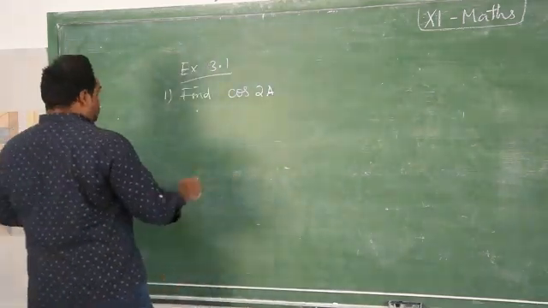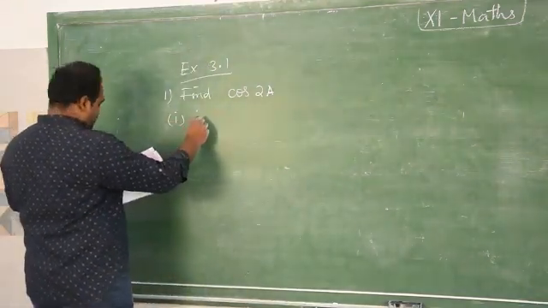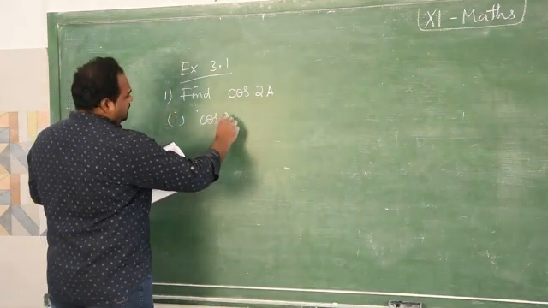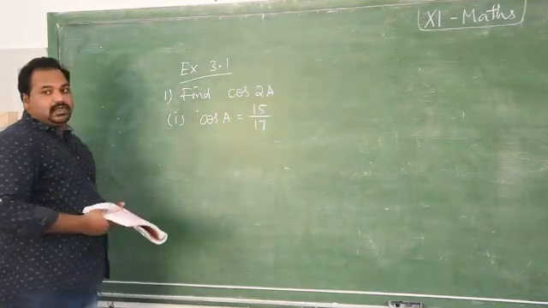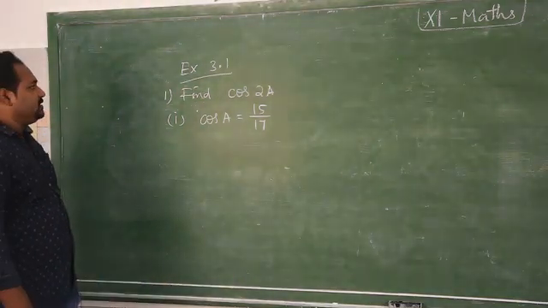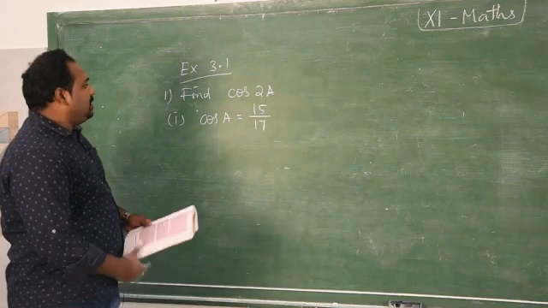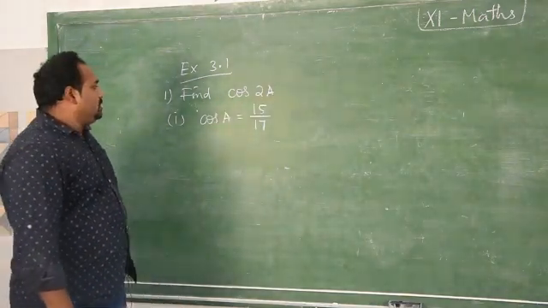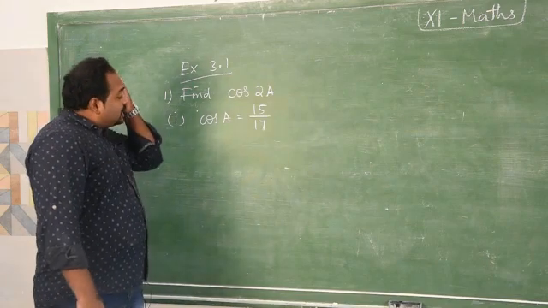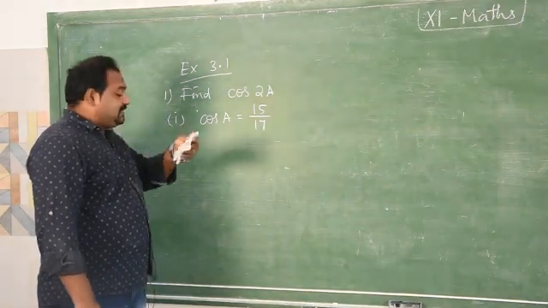In the first subdivision, cos A equal to 15 by 17. So here we have to find cos 2A, but we are given cos A equal to 15 by 17.